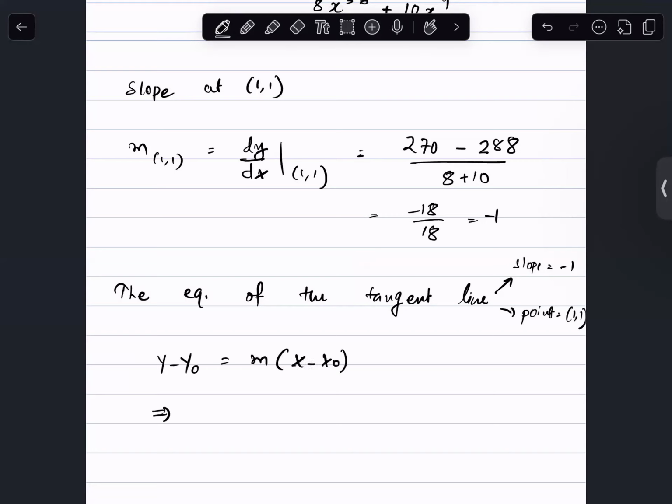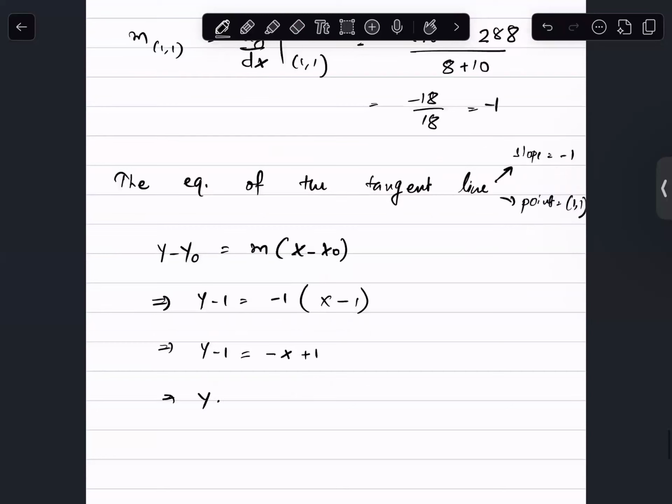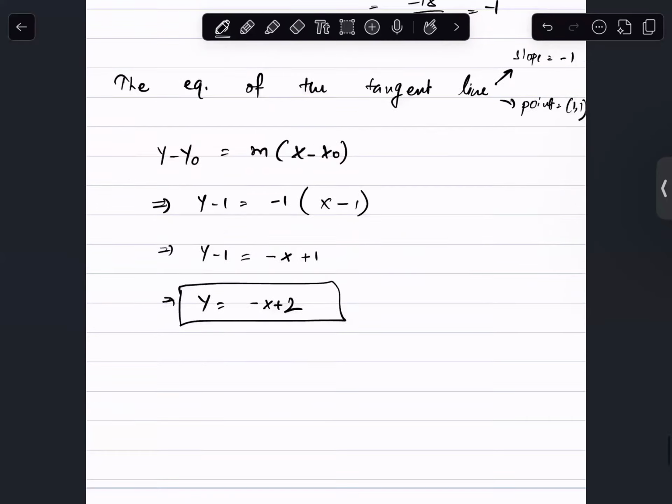I know that my x naught is 1 and y naught is also 1, and m is negative 1. So if I just input all that information in, I get y minus 1 to be negative (x minus 1), and then y is just minus x plus 2. So this is the equation of the tangent that you need.